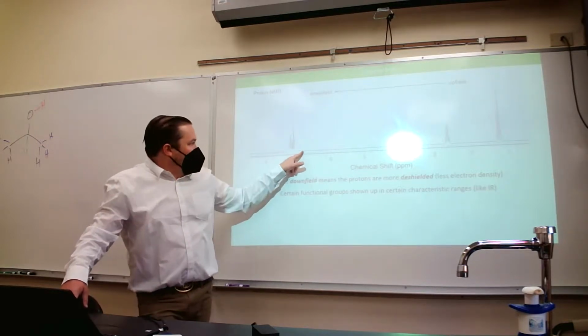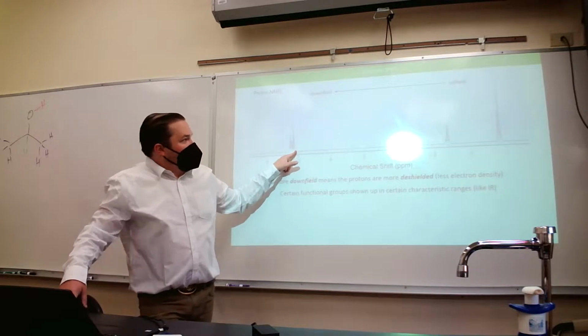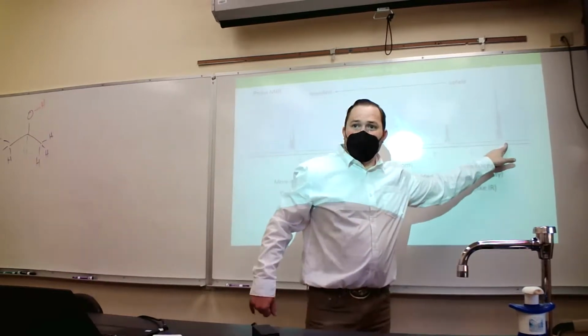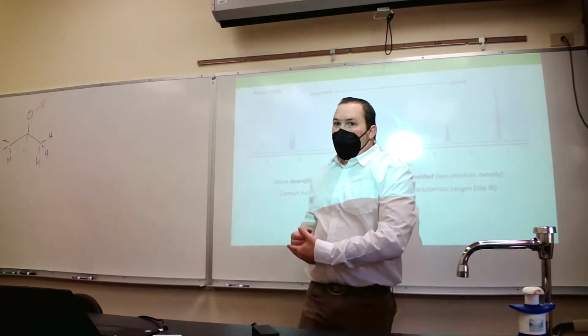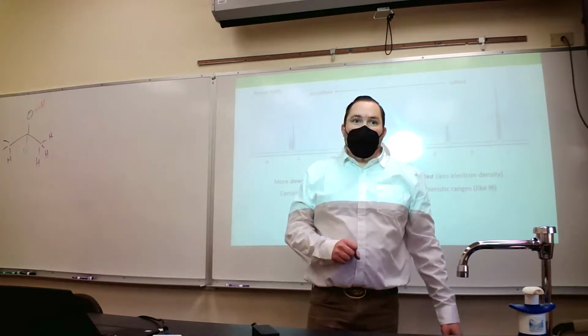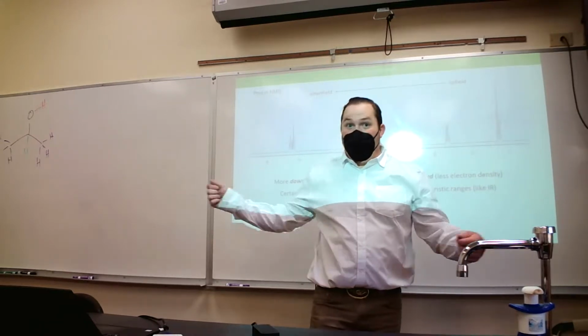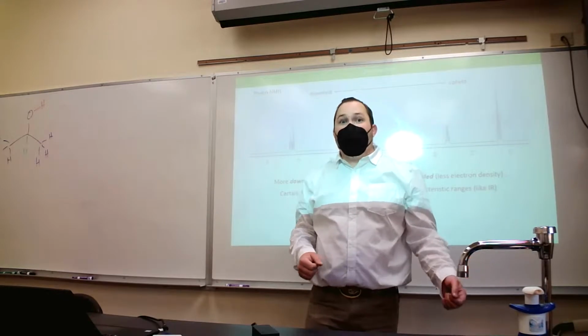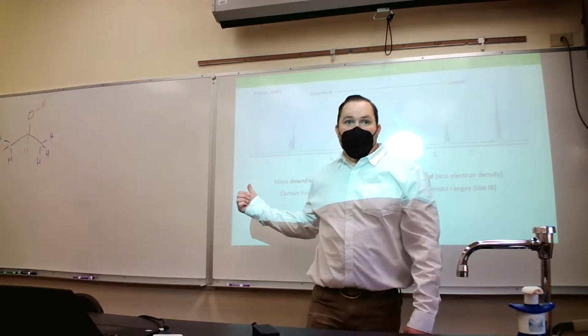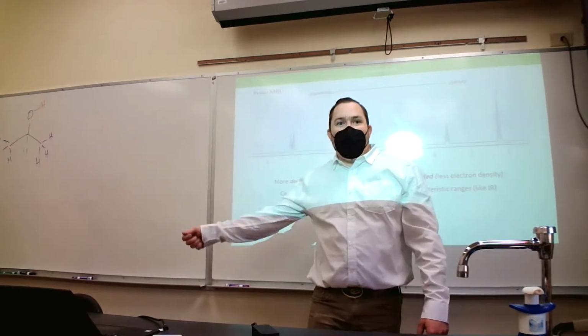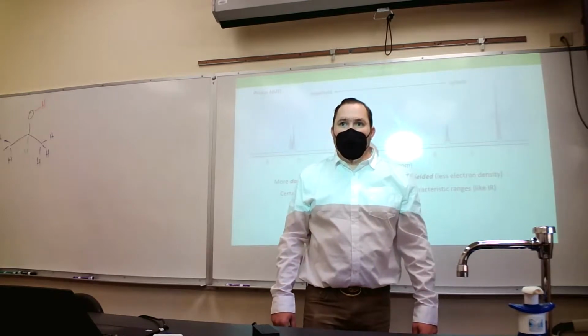And if we integrate and find the total area under the curve here and compare it to these others, we can tell, okay, are there 4 hydrogens on a benzene ring, meaning that there are 2 other things attached? Or are there 5 hydrogens on the benzene ring, meaning only one thing is attached to the benzene ring?